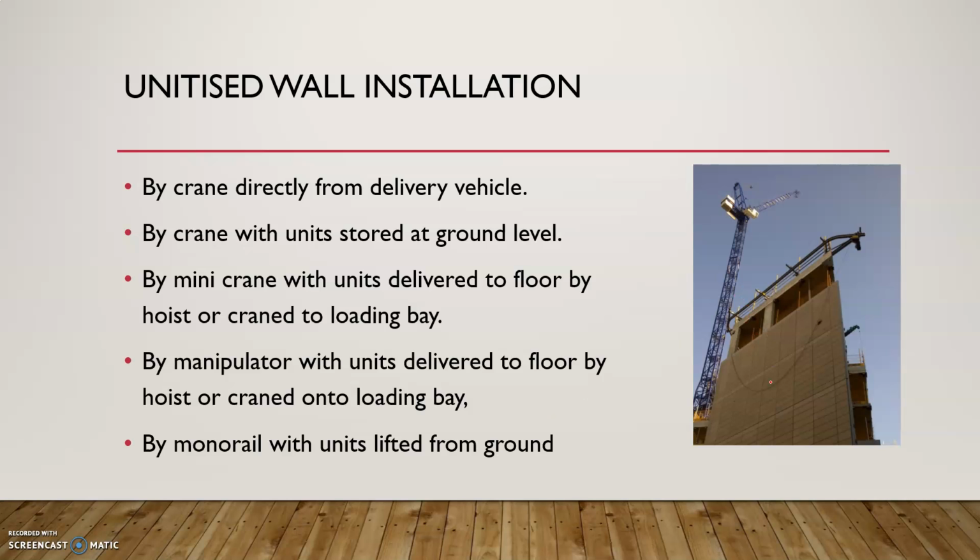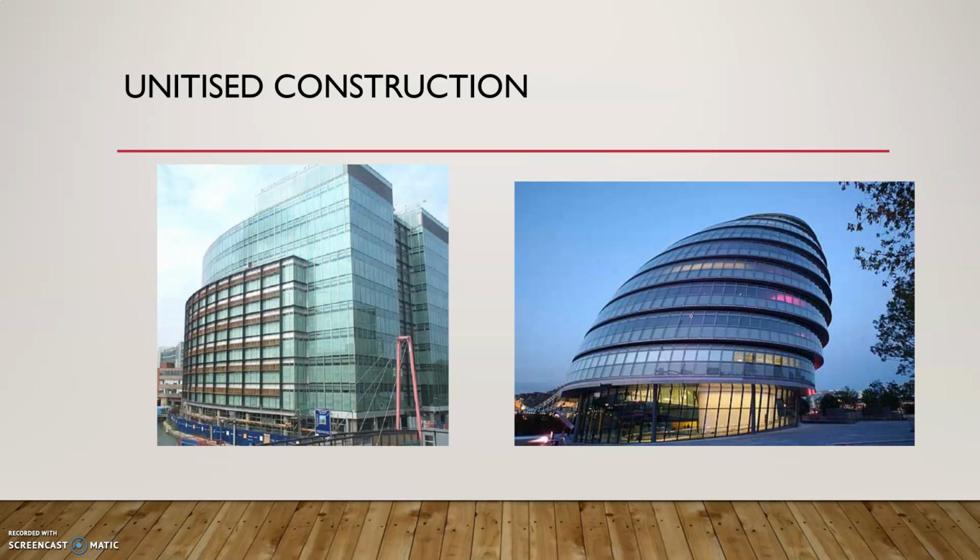So on the picture you can see these are the unitized units. These unitized units are lifted by crane and installed on site. Yeah, you can see two unitized projects.